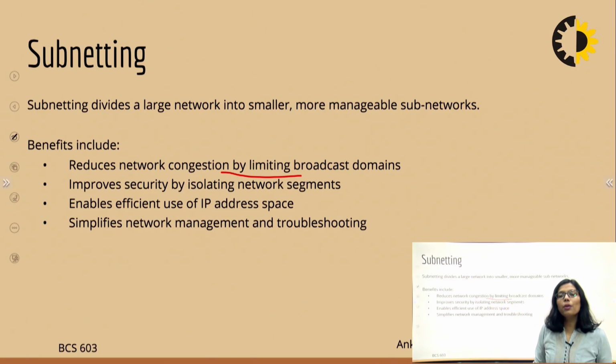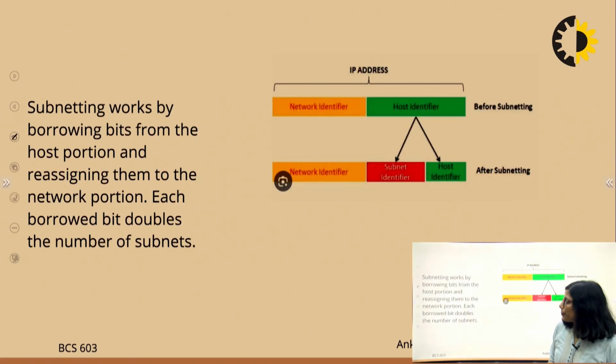If I divide my big network into smaller networks, then when I broadcast a message, it will be limited to the subnetwork and will not go to the whole network. Second, it improves security, and third, it leads to efficient use of IP addresses. Also, when my networks are small, it is easier for me to manage them.